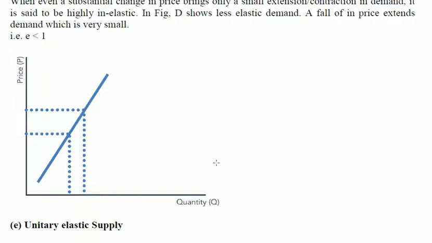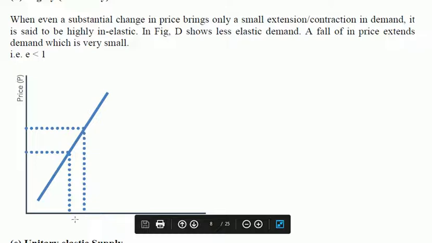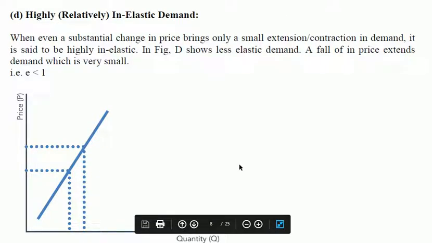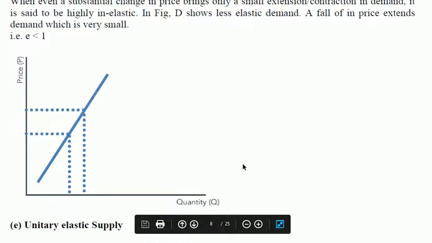Okay, not infinitely small, it is measurable, but it is small compared to the gap between these prices. The gap in this quantity is very small, so that's the reason it is highly inelastic. It is not reacting much.